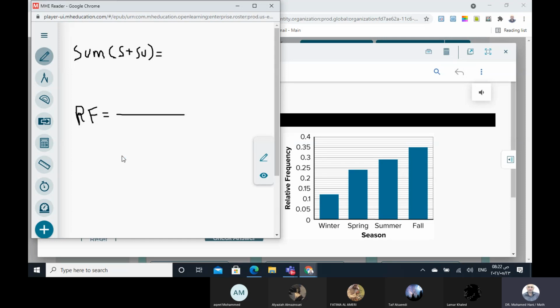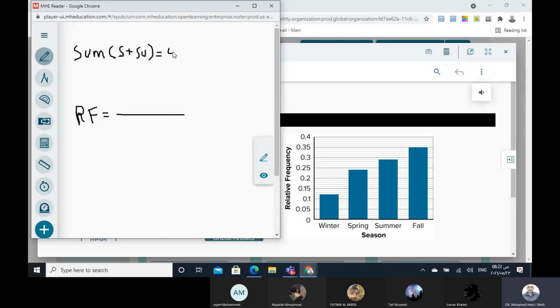Okay, listen to me. The first step, find the sum of spring and summer. As you see, the height of the bar for spring is here, 0.2, 0.21, 0.22, 0.23, 0.24.